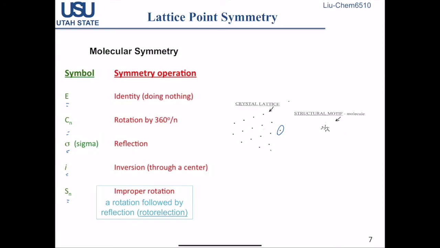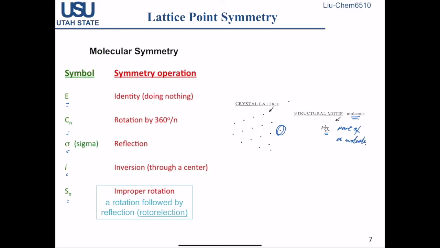So recall that information. Then think about the real crystal structure. Each lattice point can be replaced by a real motif.